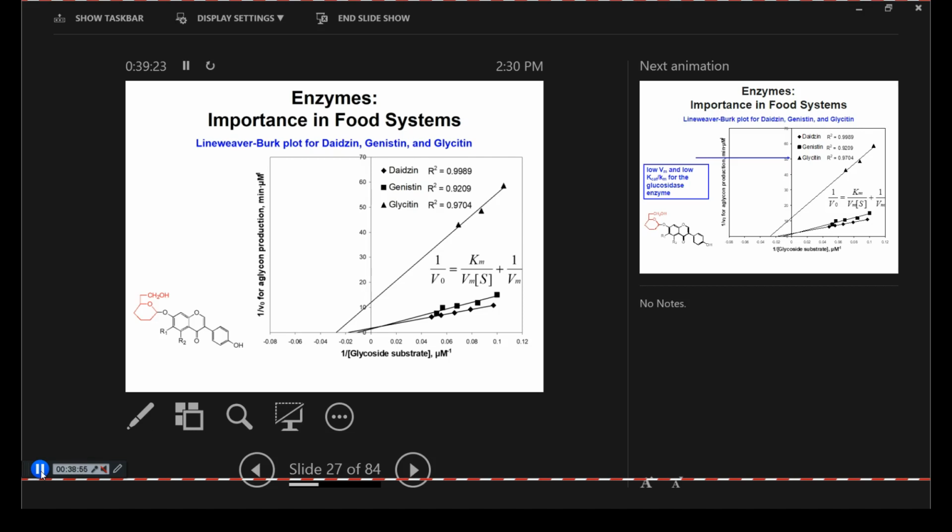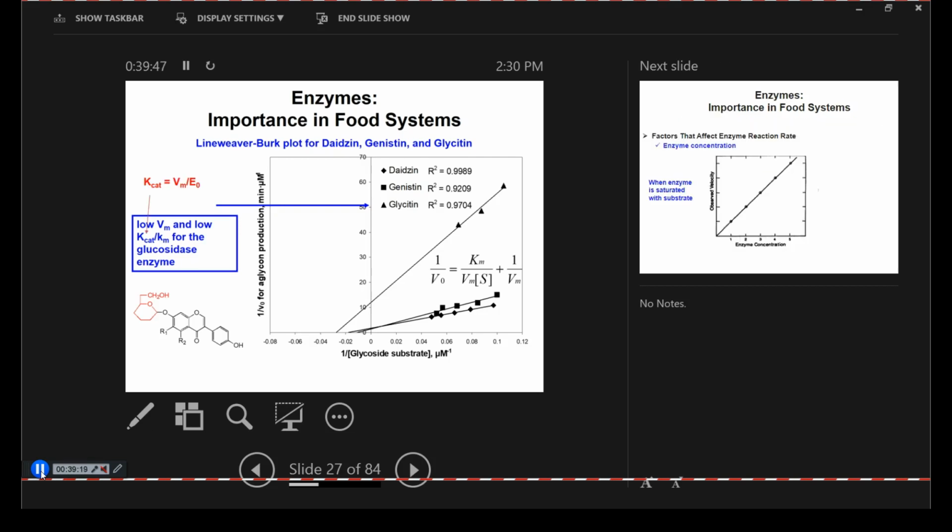to that substrate. Okay? So this is to show you one application where this has been useful. There are many other applications that you'll see later. So glycitin is the one that has low Vmax and low kcat over Km, which is the catalytic efficiency.